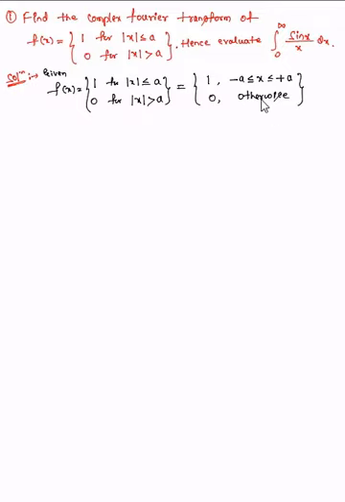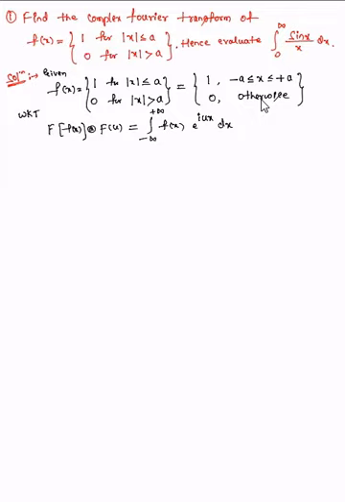Now we know that the Fourier transform of f of x, that is f of u, is defined by a formula. It is integral minus infinity to plus infinity f of x into e power iux dx.